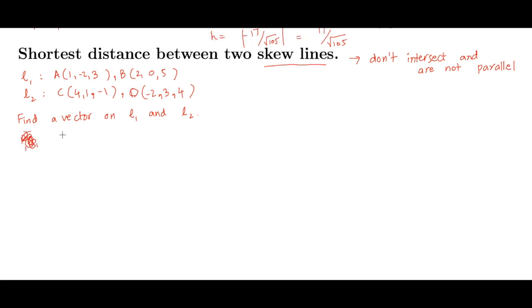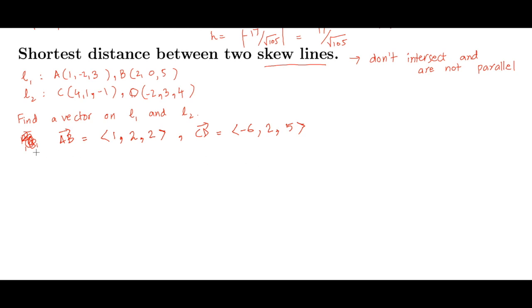So AB is equal to 2 minus 1 is 1, 0 minus negative 2 is 2, and 5 minus 3 is 2. And then CD is equal to minus 2 minus 4 is minus 6, 3 minus 1 is 2, 4 minus negative 1 is 5. Correct?